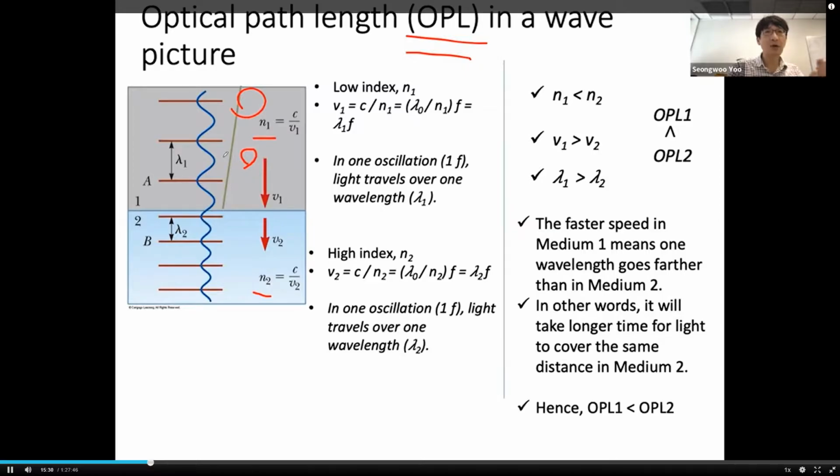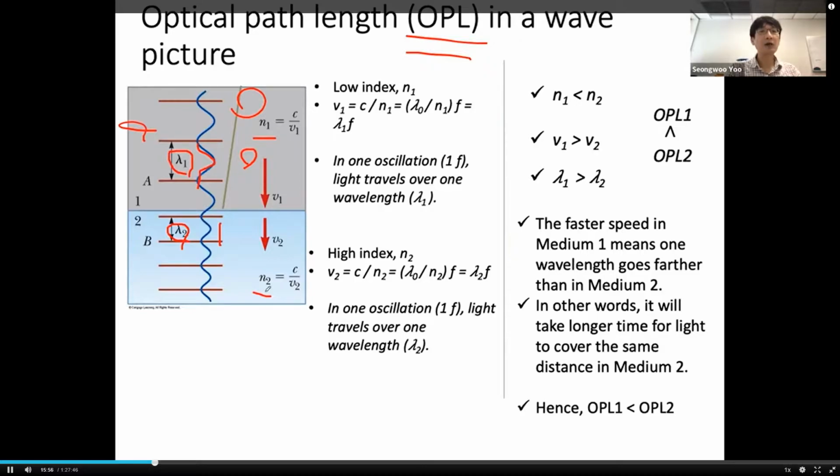Now this diagram will illustrate where in the upper medium with the lower refractive index, one oscillation of the wave can make this much of distance, while on the other hand, in the second medium, one oscillation only makes this much of the traveling distance.